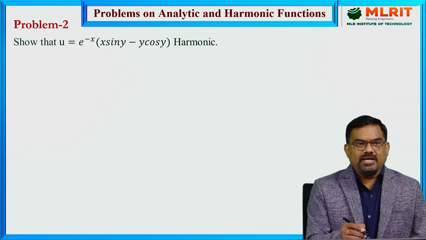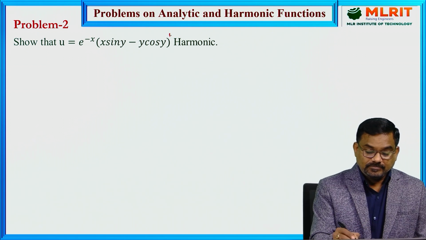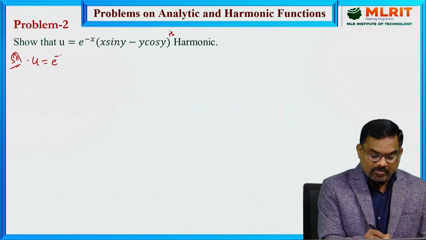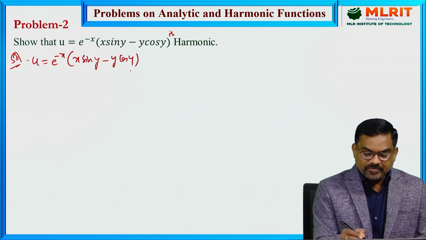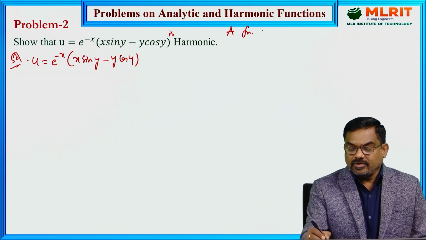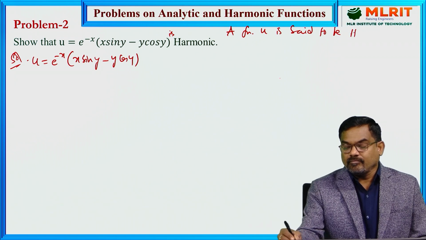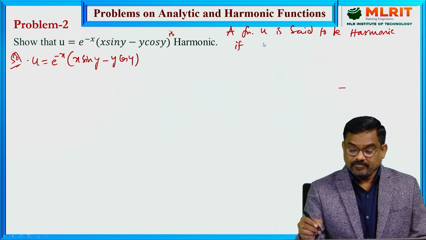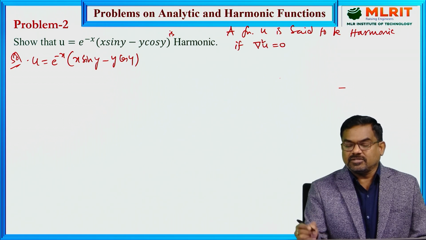Now, the second problem, show that the function u is harmonic. Consider the given u equal to e power minus x, into x sin y minus y cos y. A function u is said to be harmonic if u satisfies the Laplace equation del square u equal to 0.